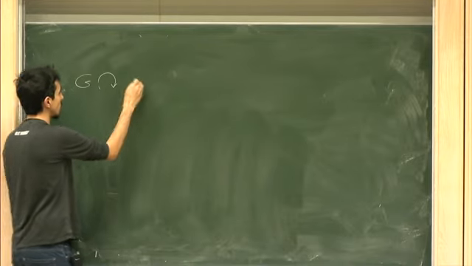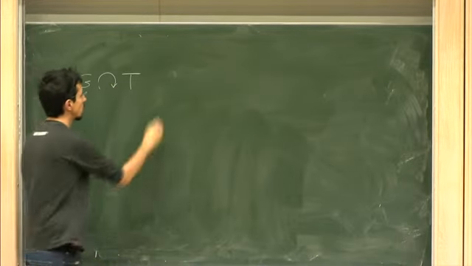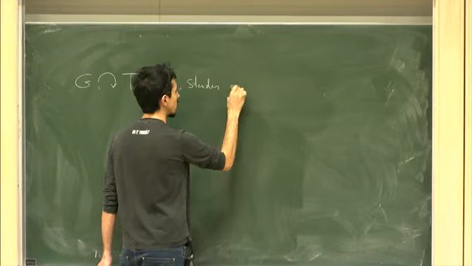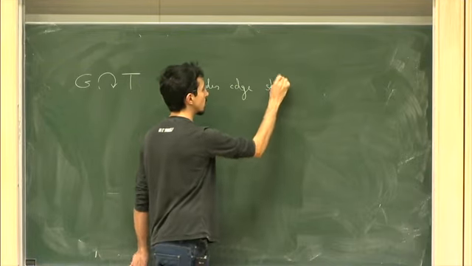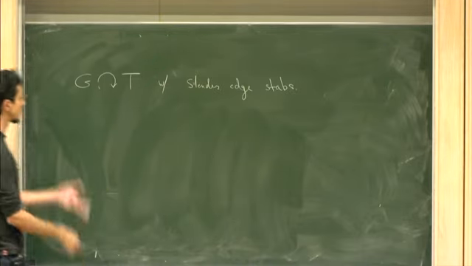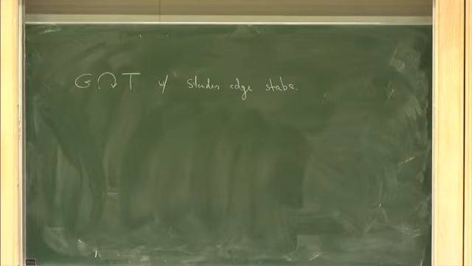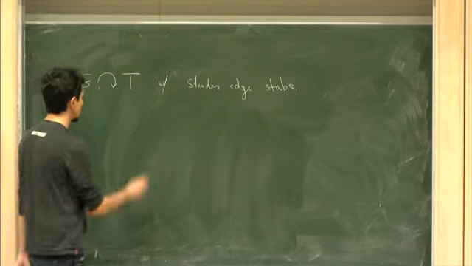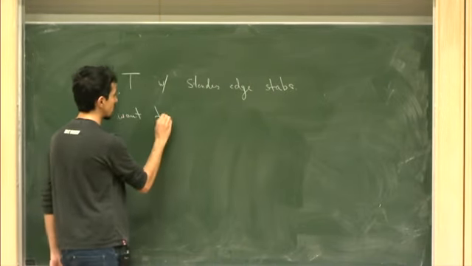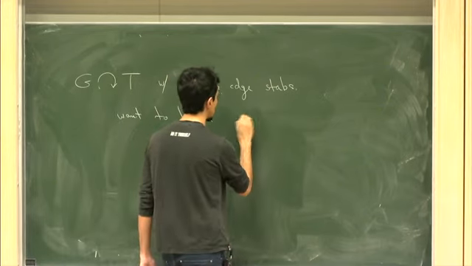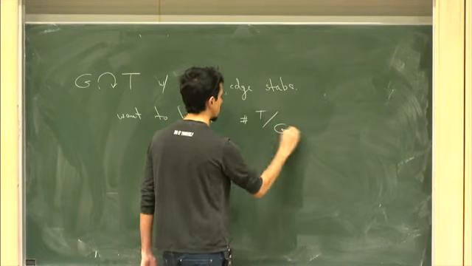You have G acting on a tree with, let's say, slender edge stabilizers. And you need some more assumptions. The action should be reduced, whatever that means. And you want to bound the number of edges, of orbits of edges. So you want to bound the number of edges in T mod G.